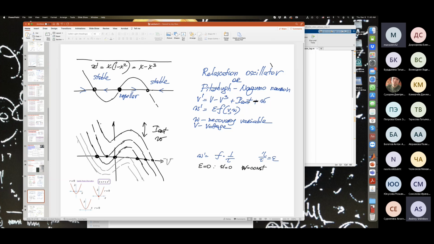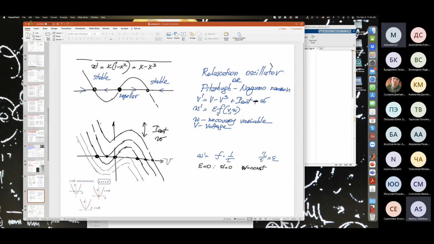And then what we're going to do next is add up the recovery variable. We just added it with the minus in the first equation, and then we need to find out how adding the second variable affects the overall dynamics of the system. The reason it's called slow-fast is that we need slow recovery before the system generates an action potential.